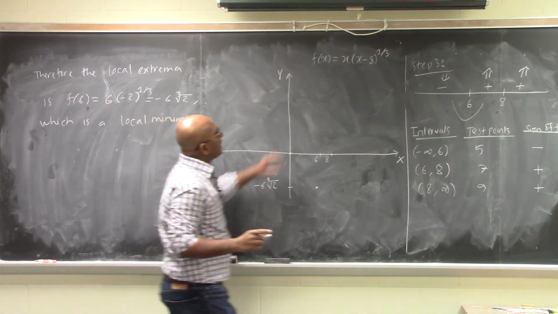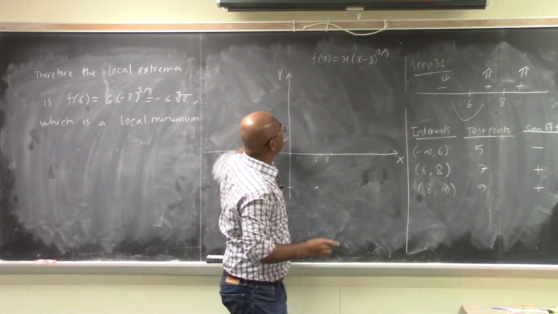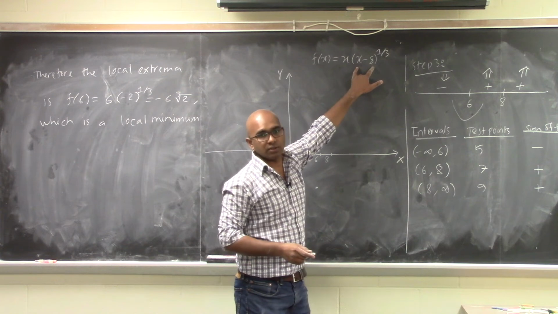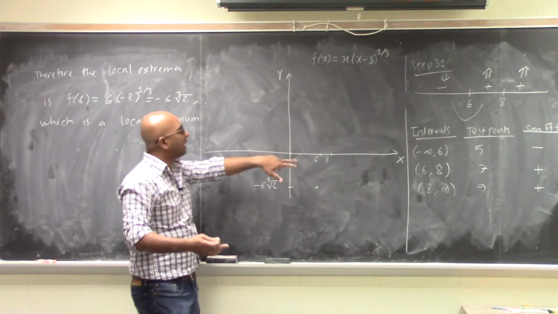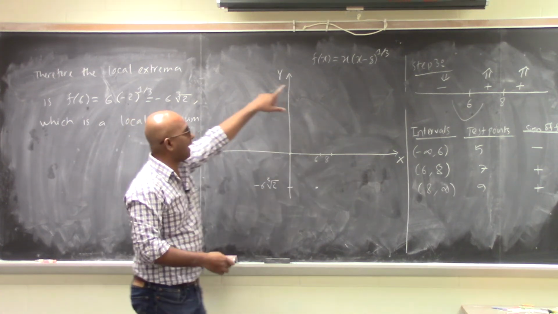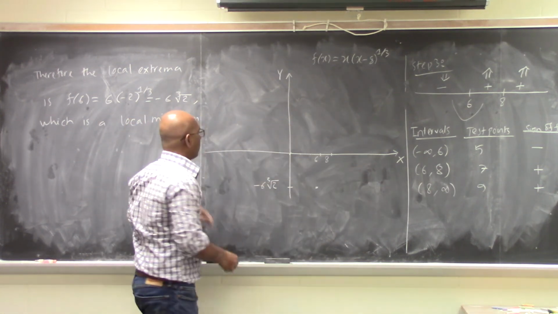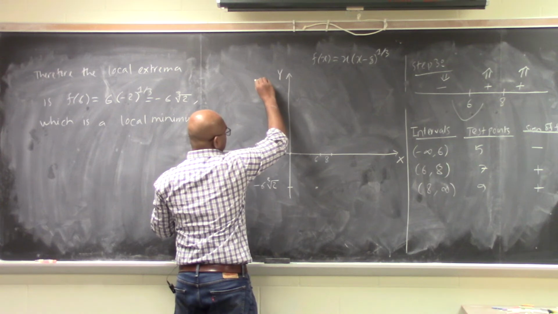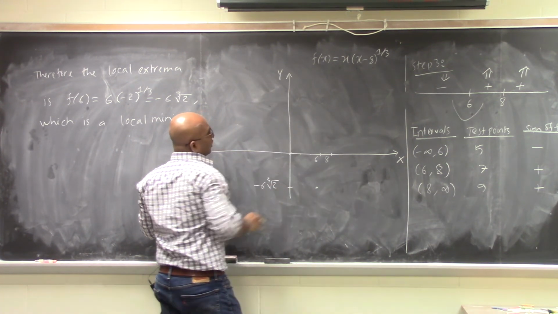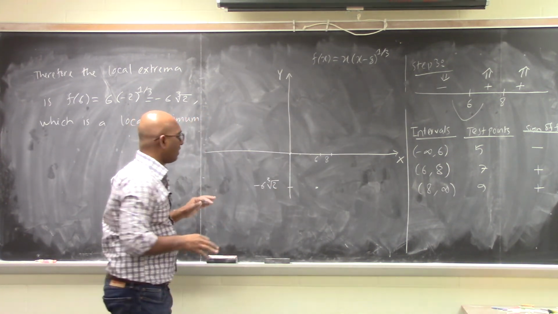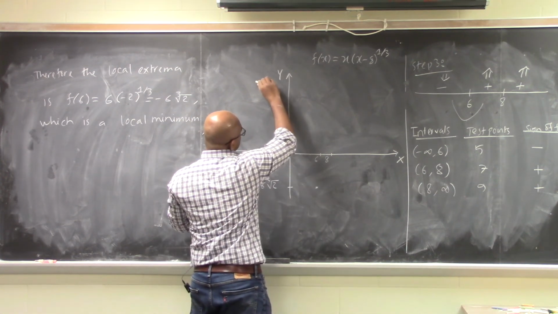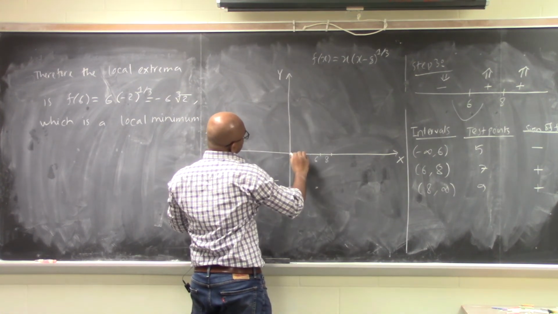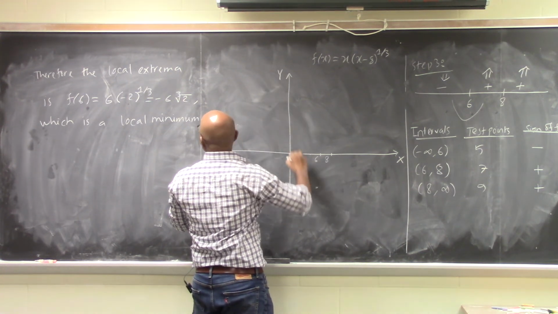Anyway, notice one thing: if x is negative, then this guy is negative, that guy is also negative. But negative times negative is positive, right? And if x goes to negative infinity, that guy goes to positive infinity. So the graph kind of looks like this. Although I don't know the exact graph, we need more information to get the exact graph. Does it look like this? Or does it look like that? Yeah.